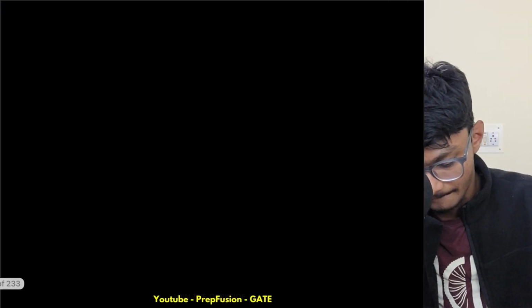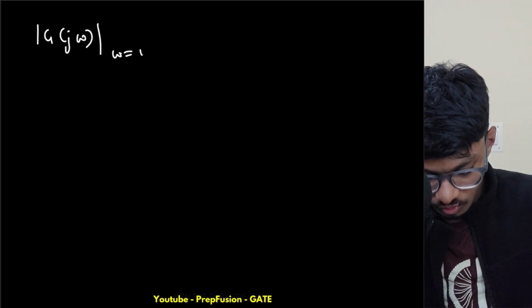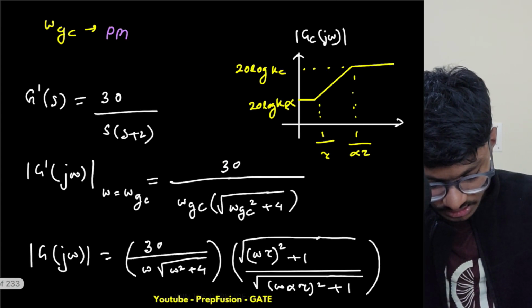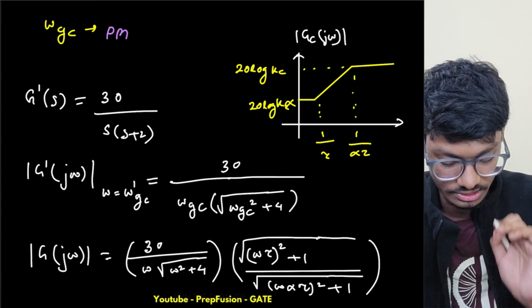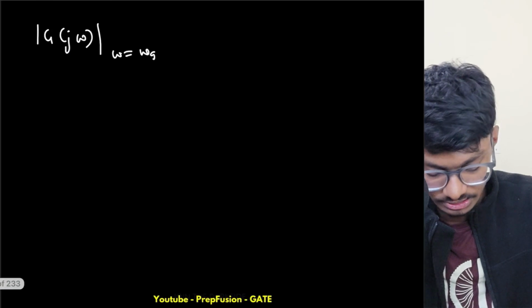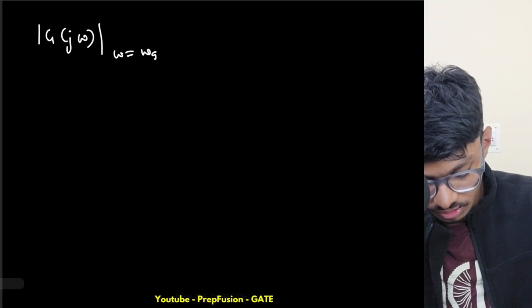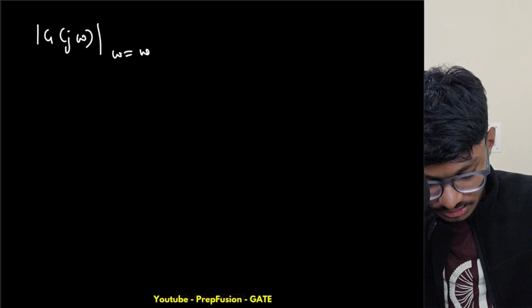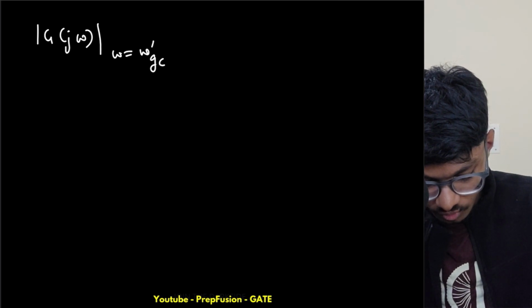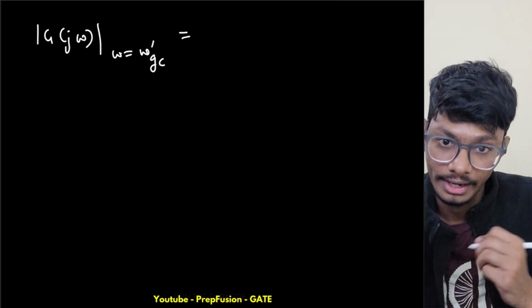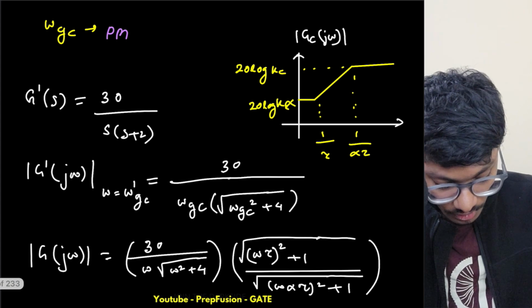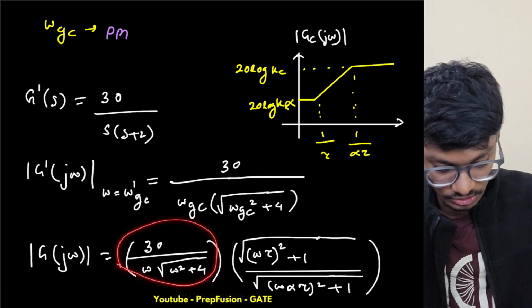So if I put the magnitude of G of j omega at omega equal to omega, let me not write this as gc, let me write this as gc dash, omega gc dash. Now if I find the magnitude of this, basically this will be equal to 1.